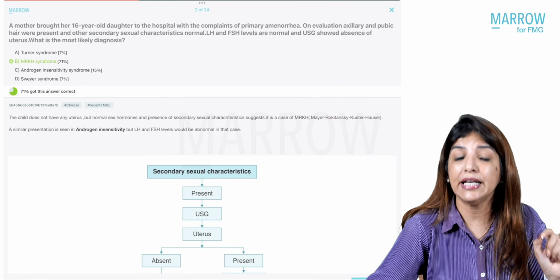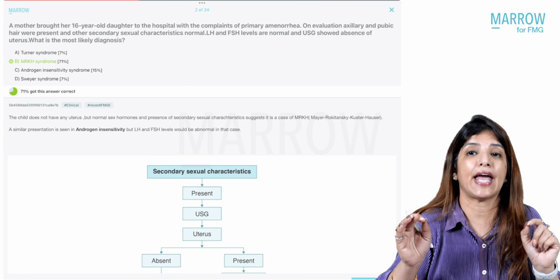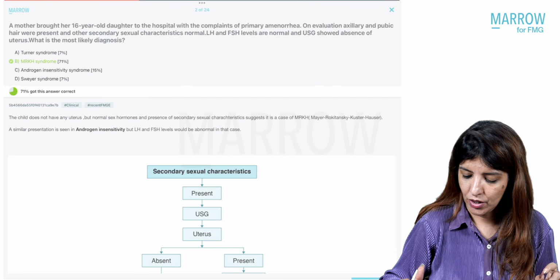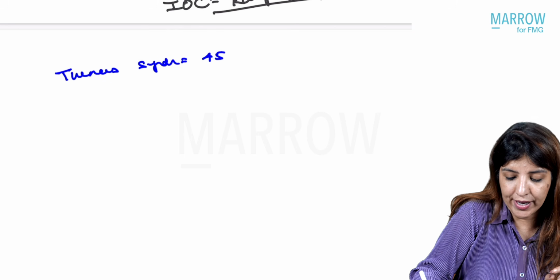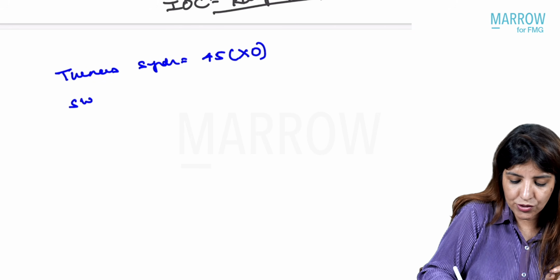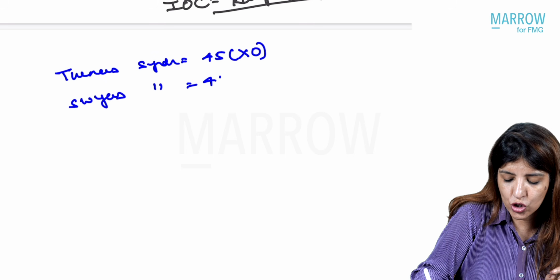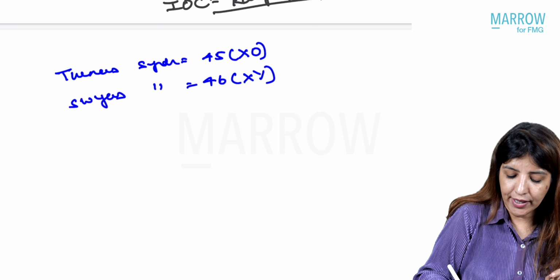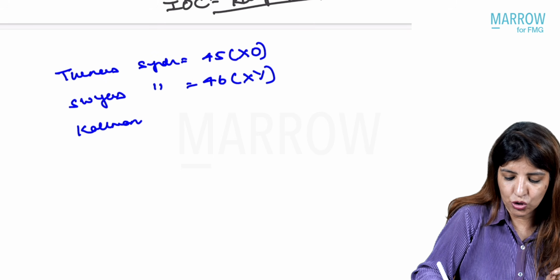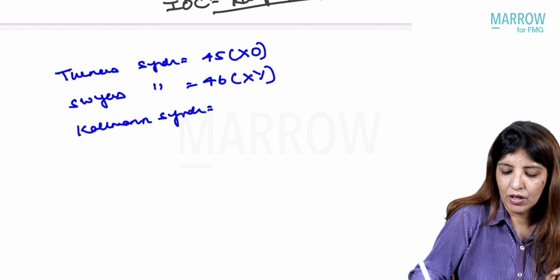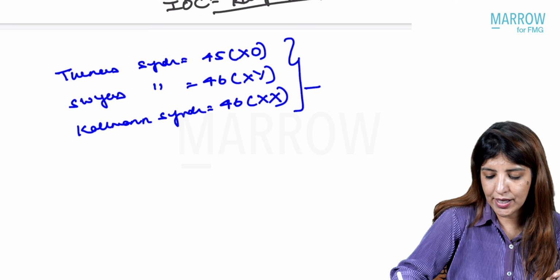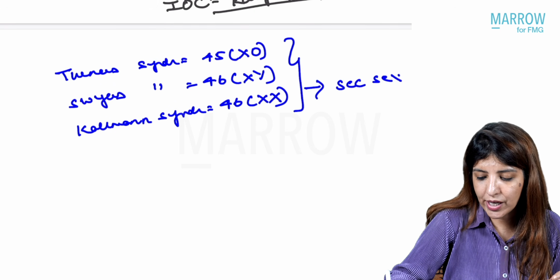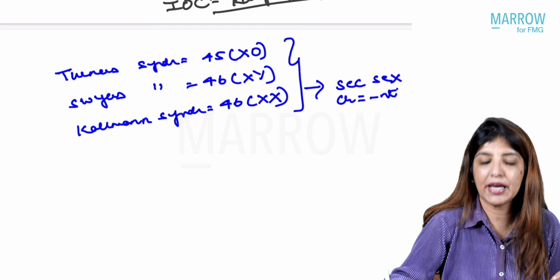Please remember, Turner's syndrome is 45XO, Swyer's syndrome is 46XY, and Kallmann syndrome is 46XX. In all these three cases, secondary sexual characteristics will be absent.